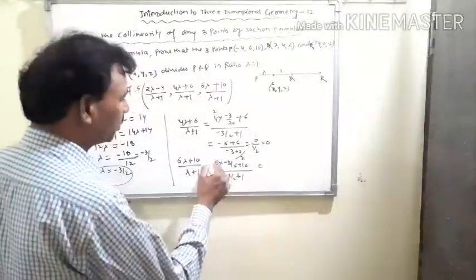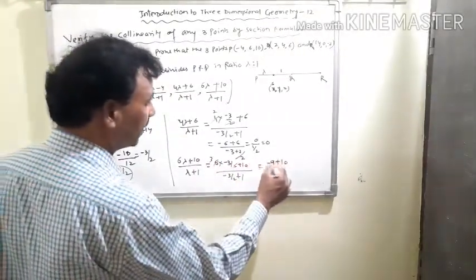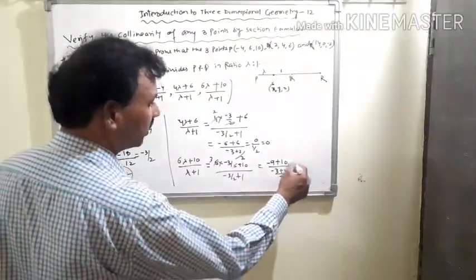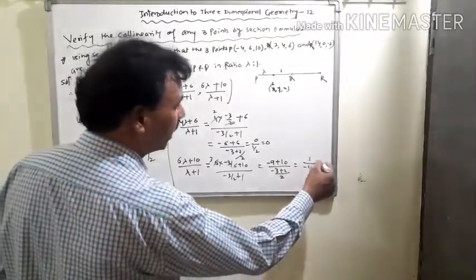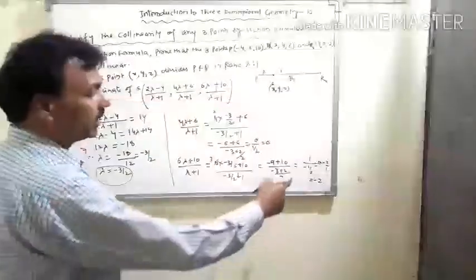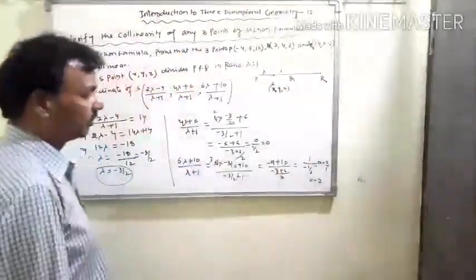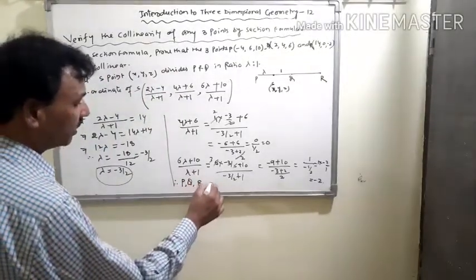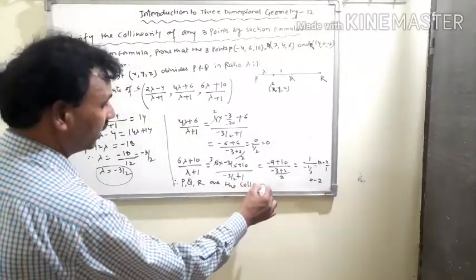This will be minus 9 plus 10 whole upon minus 3 plus 2 upon 2, which is 1 upon minus 1 by 2, equal to 1 into minus 2 by 1, which is minus 2. This equals the z coordinate of R, which is given as minus 2. Therefore, we can say that P, Q and R are collinear points.